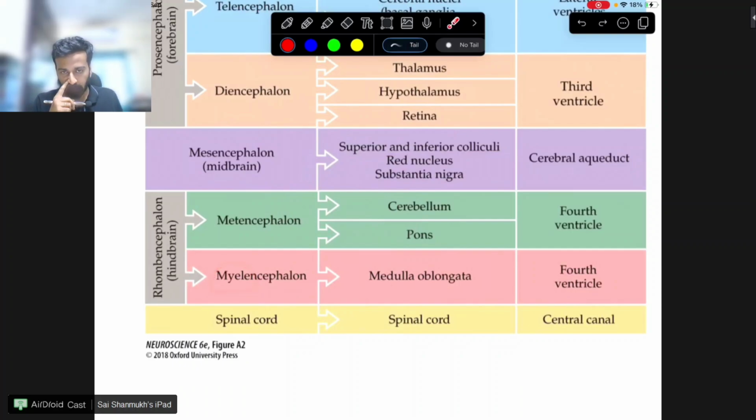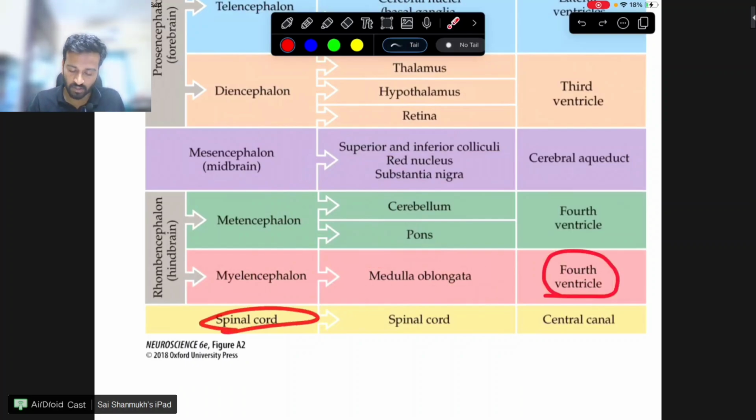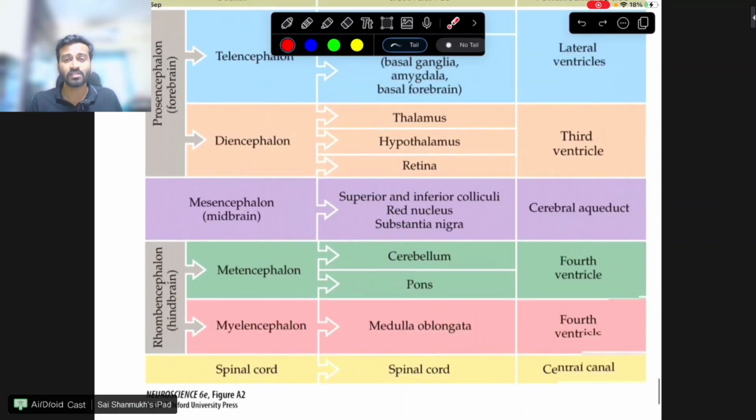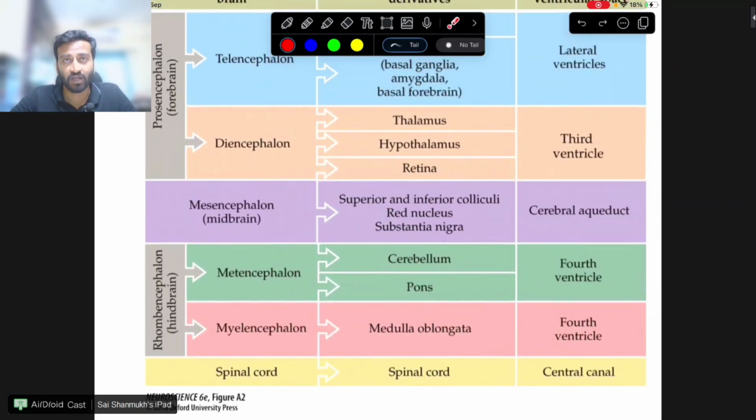Myelination, most of the time, we call it nerves periphery. So the medulla oblongata, which continues as spinal cord, is associated with the fourth ventricle, and the spinal cord is spinal cord and it has a central canal. So this is how the development occurs. The interneurons are developed from the BMP signaling, and the motor neurons are developed from the sonic hedgehog signaling.